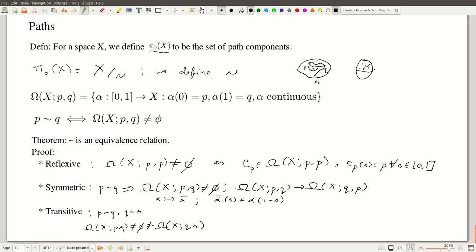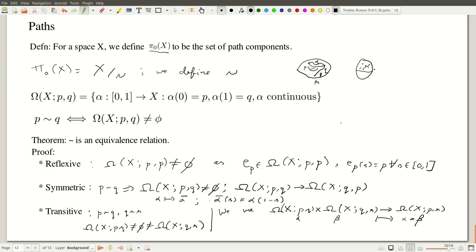Then of course, if this path was alpha and this path was beta, then the path is alpha followed by beta. But remember, we are parameterizing by [0,1], so we have to go double speed. For this, we use a map from omega of x P Q and omega of x Q R to omega of x P R. This is going to send alpha and beta to alpha star beta.